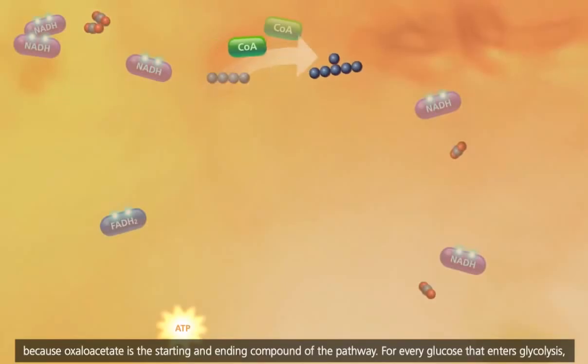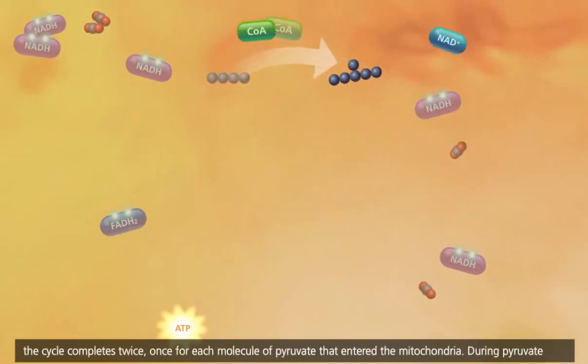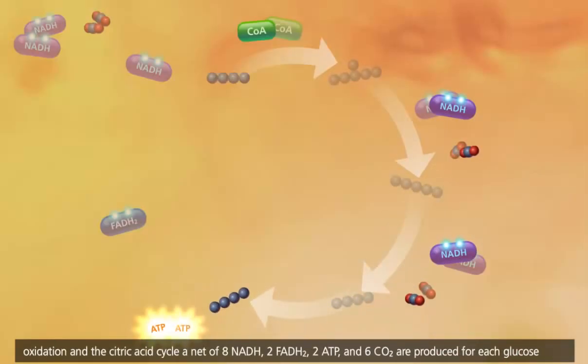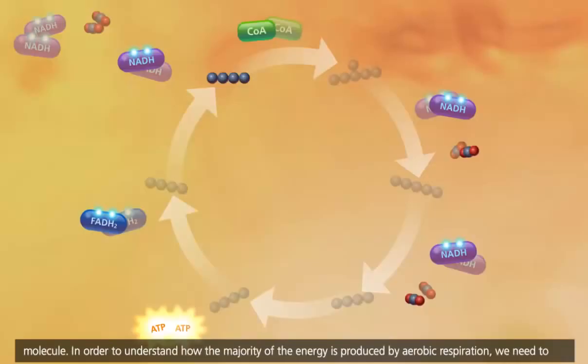For every glucose that enters glycolysis, the cycle completes twice, once for each molecule of pyruvate that entered the mitochondria. During pyruvate oxidation and the citric acid cycle, a net of 8 NADH, 2 FADH2, 2 ATP, and 6 CO2 are produced for each glucose molecule.